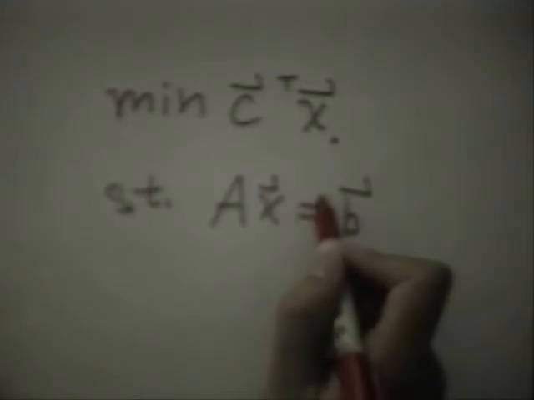Or maybe I should also have something like less than or equal to B. Okay, so in general, you can say a linear programming problem has a linear objective function and linear constraints.